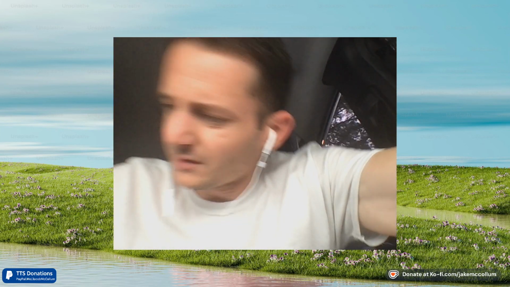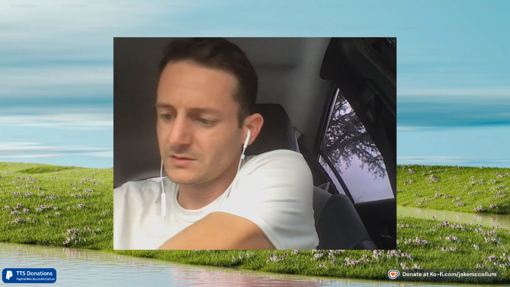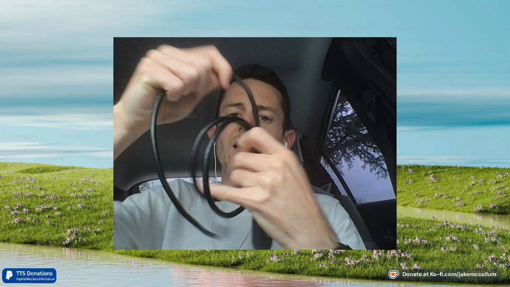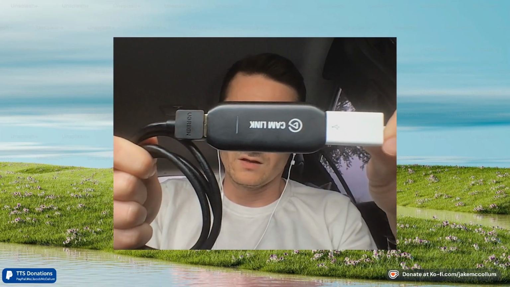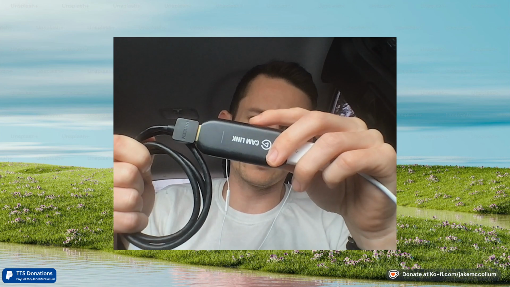But apparently that's not gonna work, which is super unfortunate. And I have to add to that, you have to use one of these. This is a cam link right here. This converts camera into HDMI, which is right here.